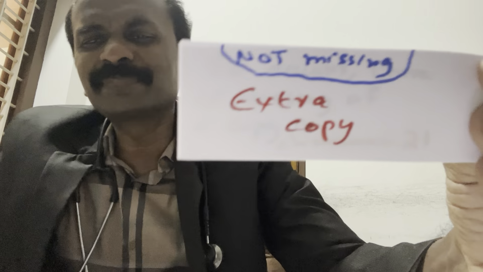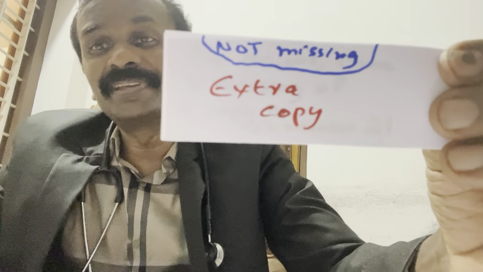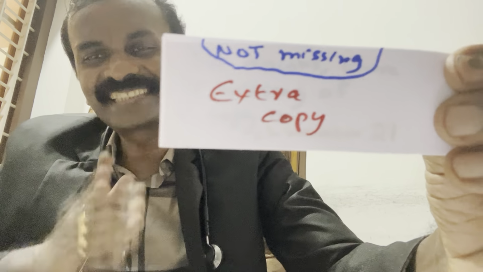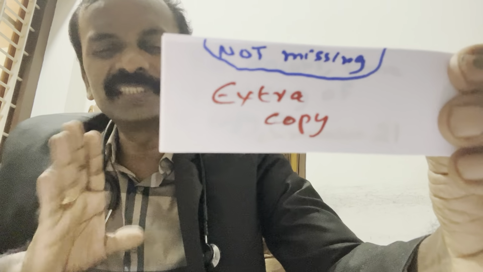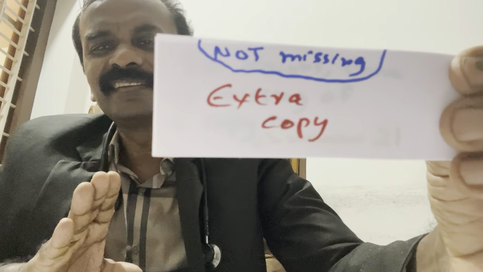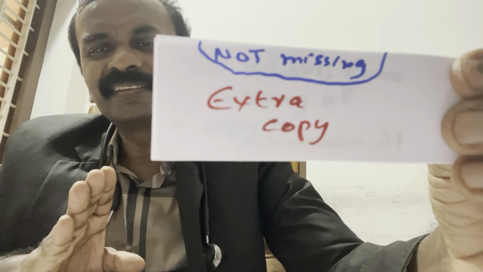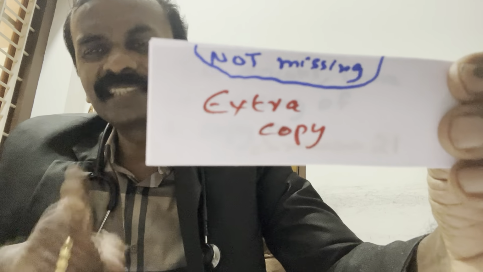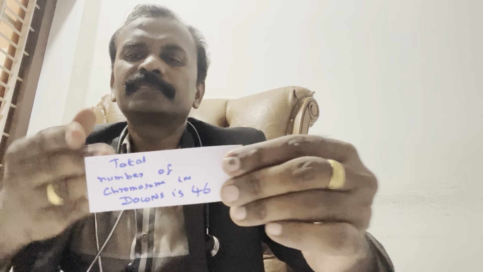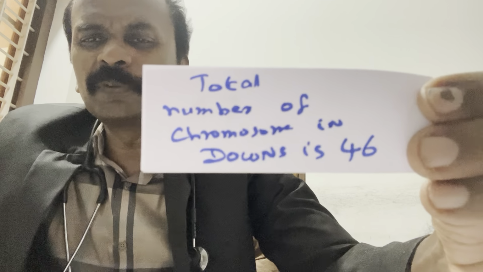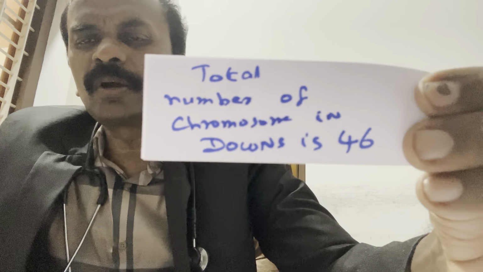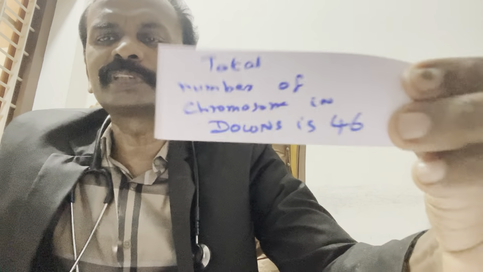It is not missing, brother. It is an extra copy. Once you see the words extra copy, just remember Downs, D-O-W-N-S. See, now you can answer this. If you know the meaning extra copy in Downs, you can answer this. Total number of chromosomes in Downs is 46.